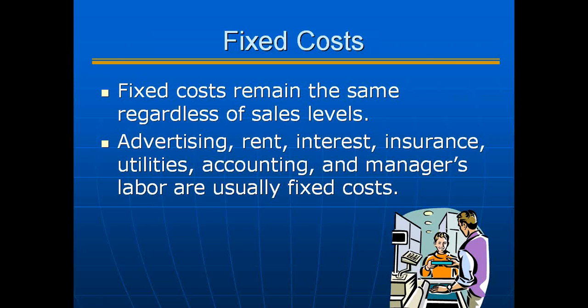So typical examples of fixed expenses are going to be advertising, rent, interest, insurance, utilities, accounting, and manager's labor. Given a long enough period of time, as pointed out in the book, everything becomes a variable cost, even your rent. So if you are debating on renting that land from Mr. B this coming year, it is varying. It has become a variable cost because it is not something you have already committed to. I hope that makes sense.